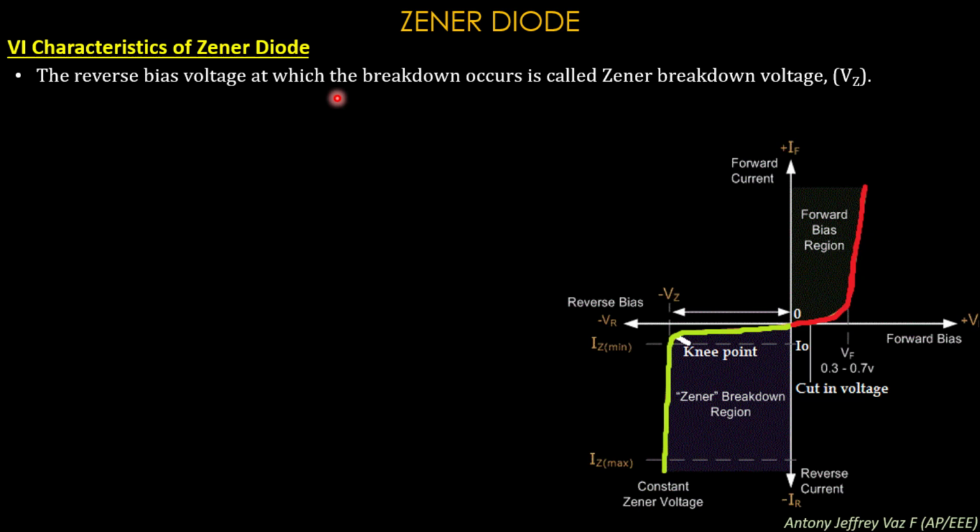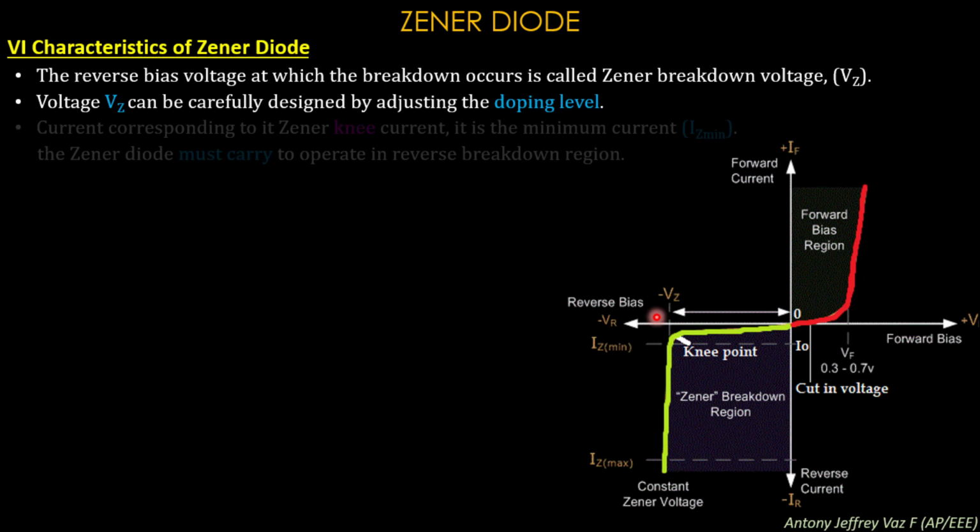The reverse bias voltage at which the breakdown occurs is called the Zener breakdown voltage, that is Vz. The voltage Vz can be carefully designed by adjusting the doping level, so by adding impurities while manufacturing the Zener diode.